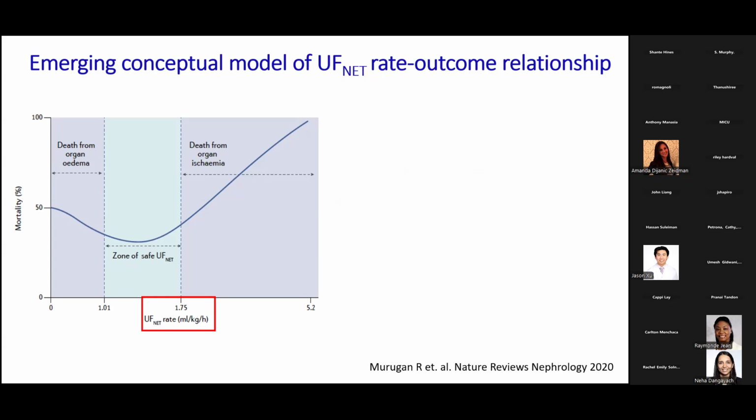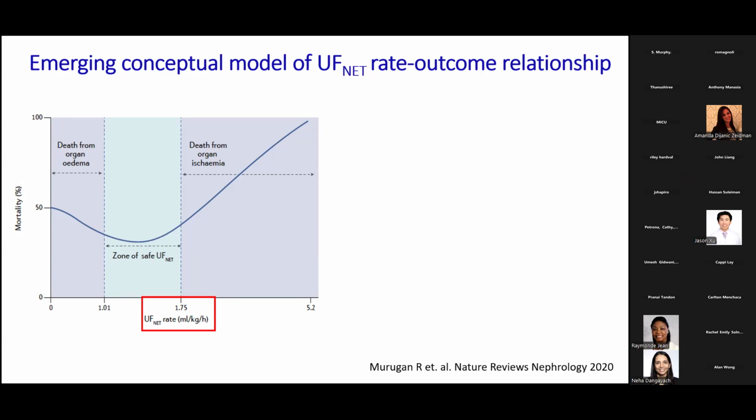And for patients in which fluid removal is not the main indication, if we go too fast, we can also create problems, particularly one related to organ edema and the other one could be related to organ ischemia.